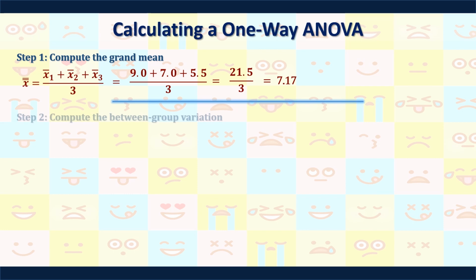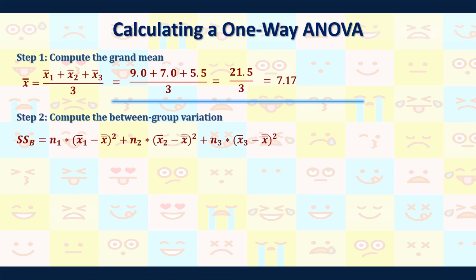In step 2, we compute the between group variation or sum of squares between. Between group variation is equal to each respective group sample size multiplied by the group mean minus the grand mean squared.